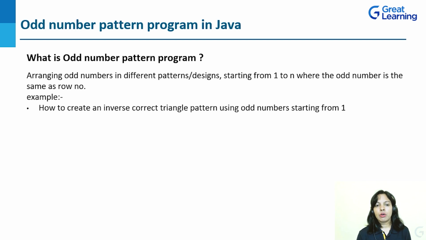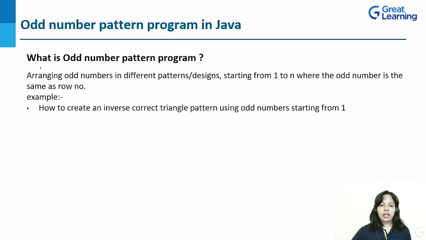So in this, you have to arrange odd numbers in different designs and different patterns, starting from 1 till n, where you have to just select the odd numbers only. Okay, so first row means one odd number, second row you have to display two odd numbers, third row three odd numbers, fourth row four odd numbers. Now displaying of these odd numbers can also be in different patterns, correct?